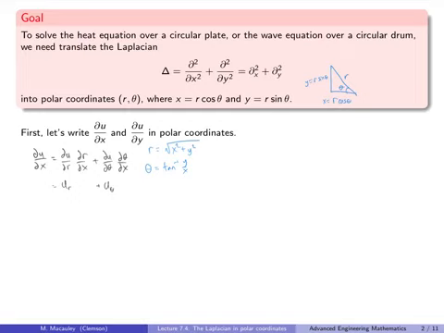Okay, so what is dr dx? Let's do that one next. dr dx is the derivative of this with respect to x. I'm going to do this quickly because, again, it's just calculus. It's 1/2 times x squared plus y squared to the minus 1/2, and chain rule times 2x.